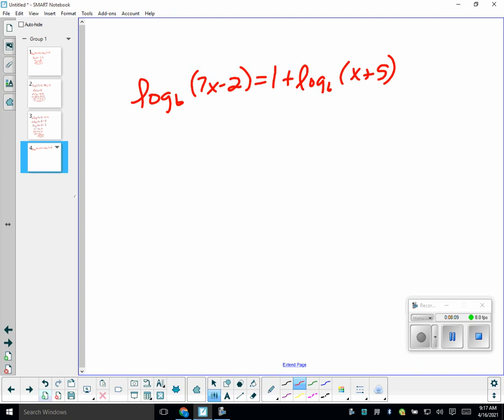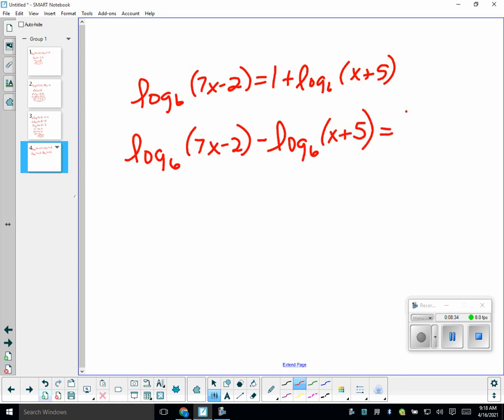So, when that happens, I have to get everything with the word log on one side. How could I do that? Okay. So log base 6 of 7x minus 2 minus log base 6 of x plus 5 equals 1.